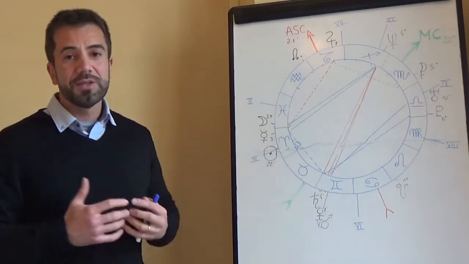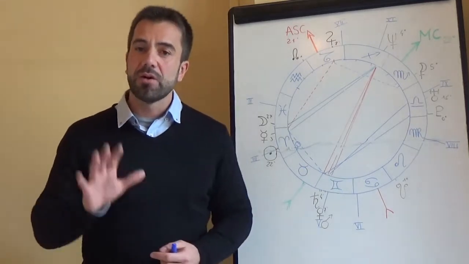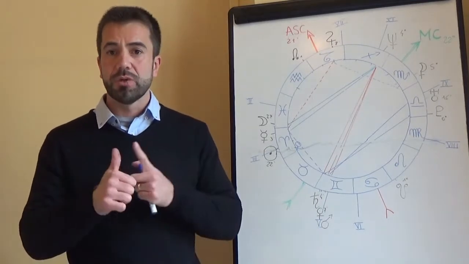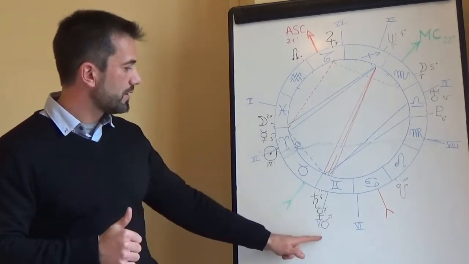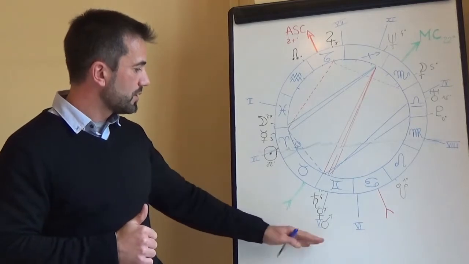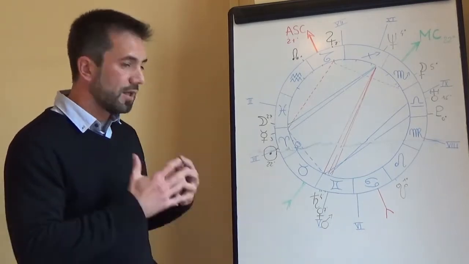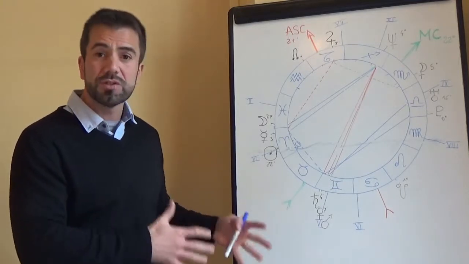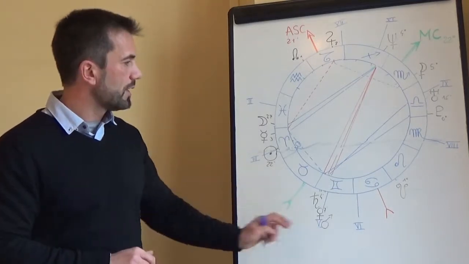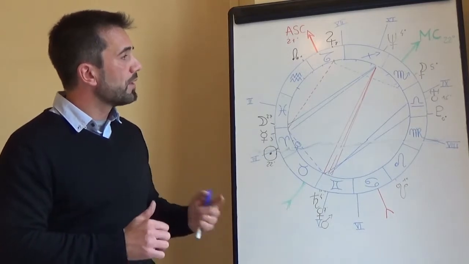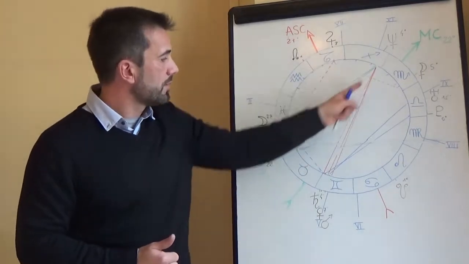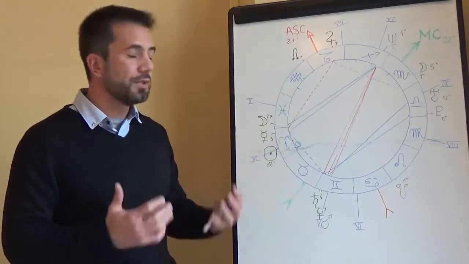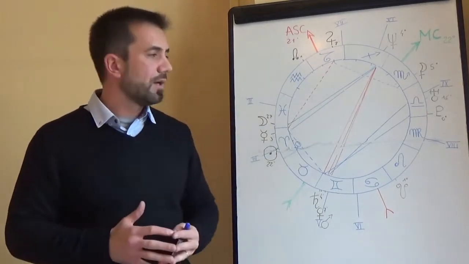After that I use the aspects. I concentrate on 5 aspects, which are the major aspects. The conjunction, for instance, here is a conjunction, so there's nothing to represent on the conjunction. It's obvious there are 2 planets in the same position, so that's a conjunction. The opposition here, the square. You can see that I use different colors.